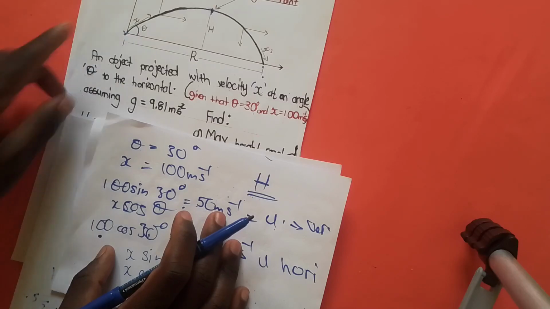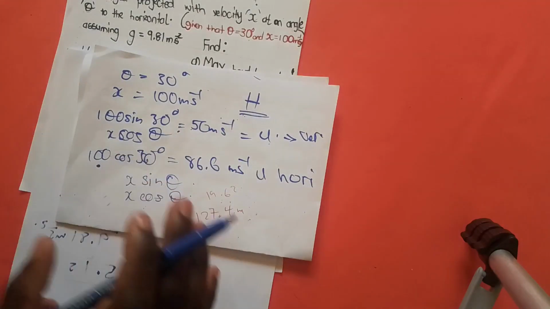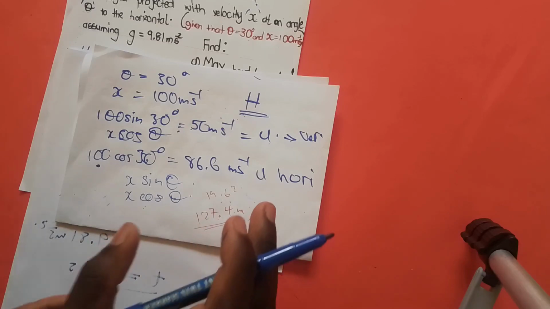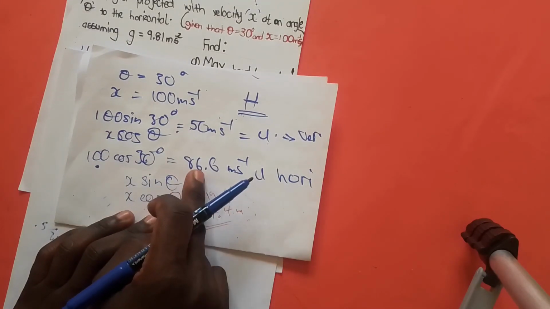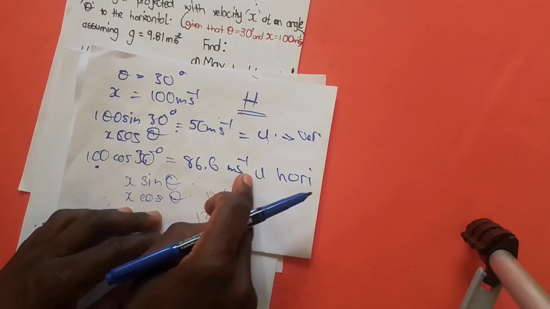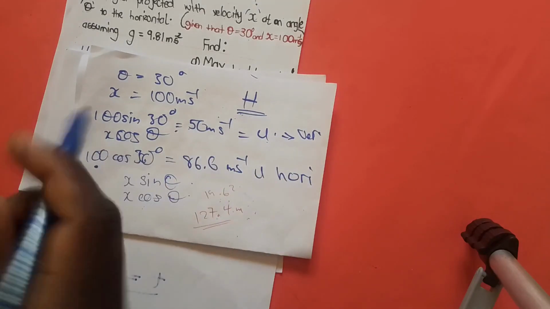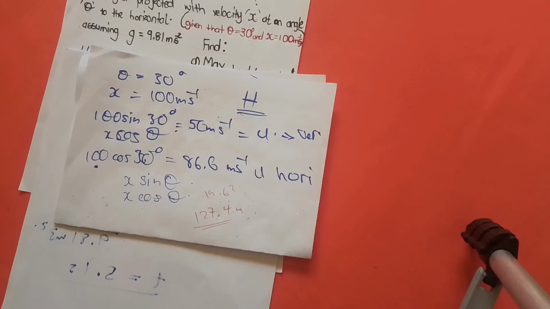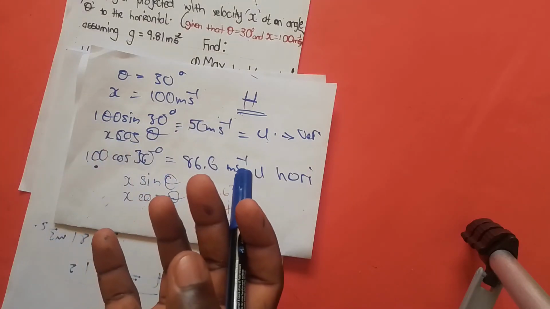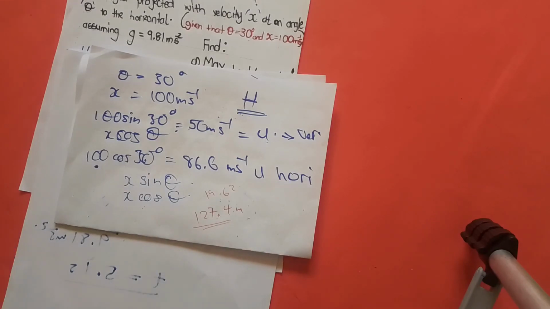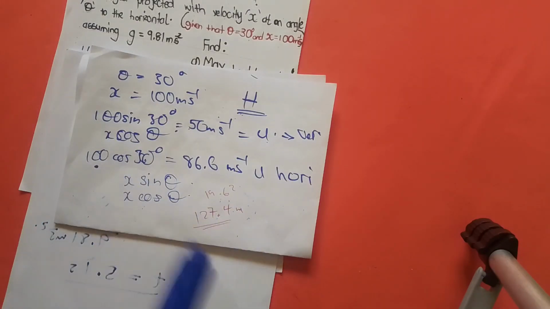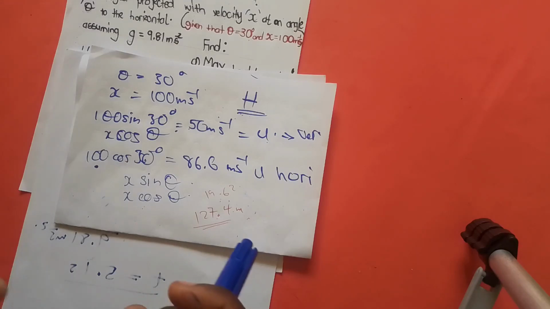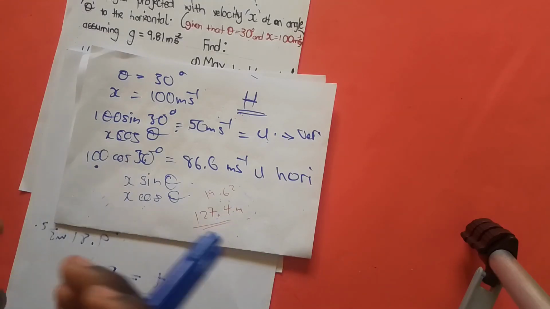So the horizontal velocity of the projectile is 100 cos theta, which is equal to 86.6 meters per second. And there's another trick I want you to take note of. The horizontal component doesn't change since we have no horizontal acceleration, right? So the horizontal velocity will always be constant. Write that down.